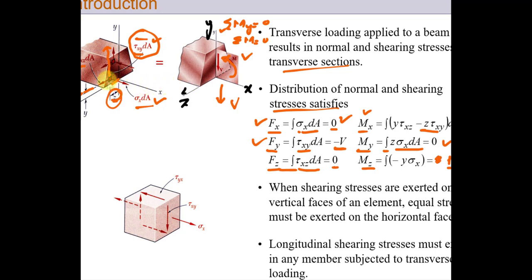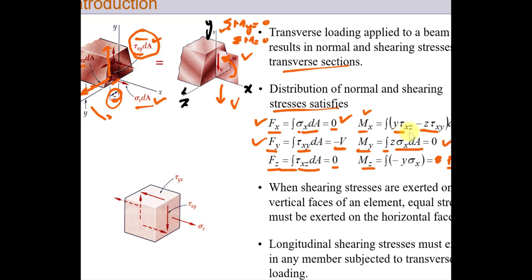And similarly, this shear force in z direction, tau of xz, is also producing a moment about this axis, and the perpendicular distance from the x-axis is y, clear, and it is producing a counterclockwise moment.